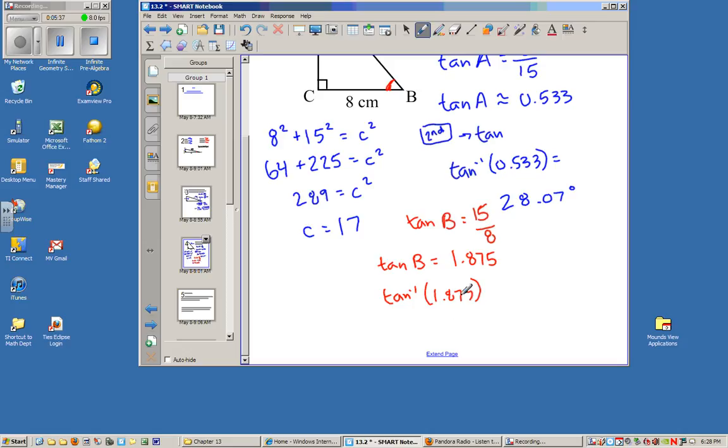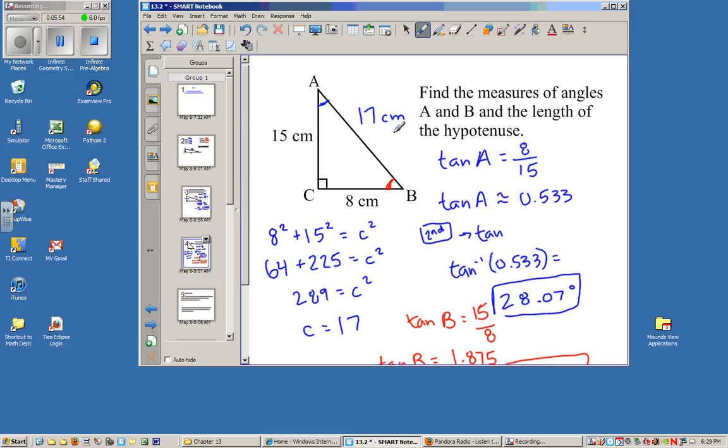The angle that we get is 61.93 degrees. Notice both of our angles, angle A and angle B, when added up will equal 90 degrees, which is what we want because we need to have 180 total degrees on our triangle.